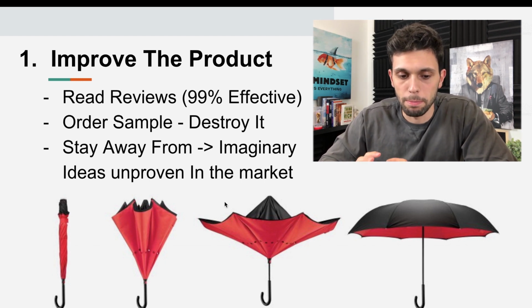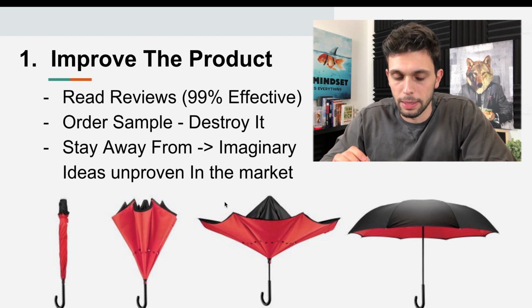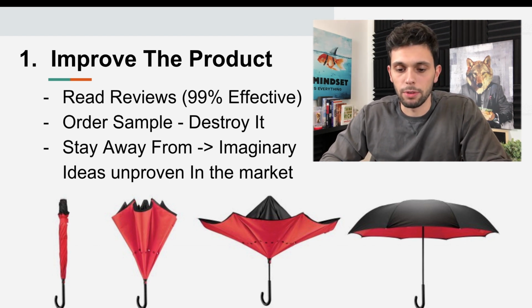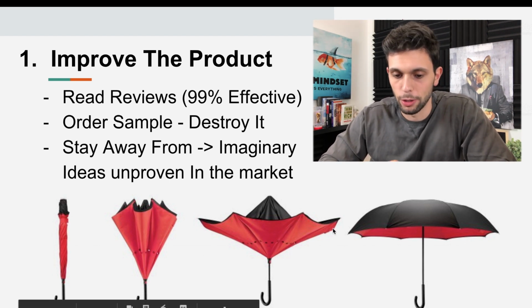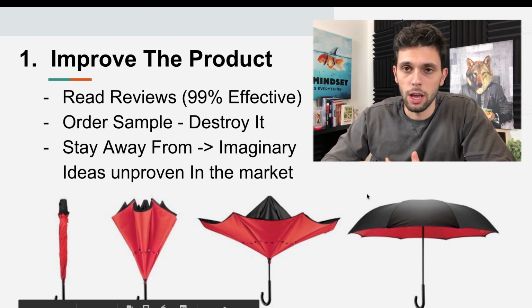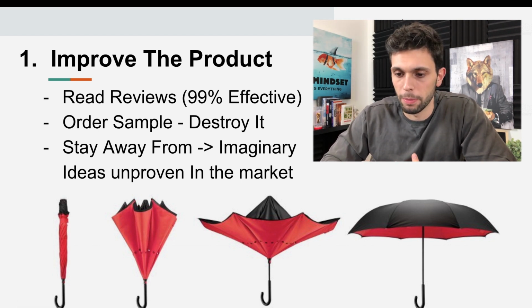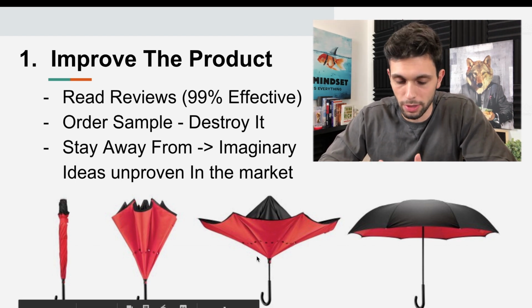And stay far away from imaginary ideas, unproven in the market. So, for example, even though this umbrella here looks pretty awesome, right? This is a really good way of improving a product. It's going from a regular umbrella that just kind of blows out and breaks if the wind goes underneath it, to an umbrella that doesn't do that.